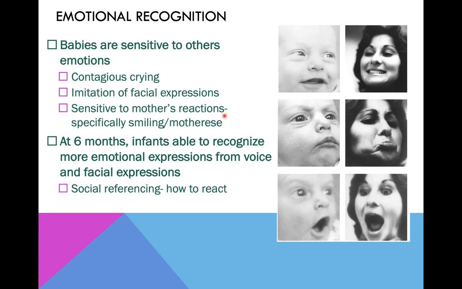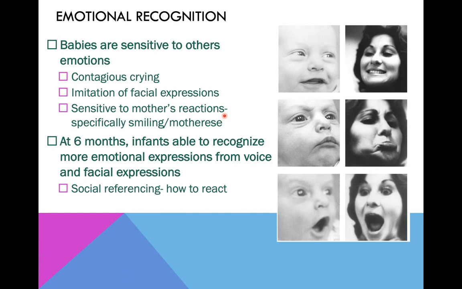Parentese, this register of sounds that we use when we speak with babies. And so they are very quick to replicate the emotion of a mom. So if a baby's crying and the mom looks at her and starts smiling and uses motherese to say, "Hi, you're okay, it's okay," and she's smiling, the baby's more likely to recognize that emotion and change their emotion to match.